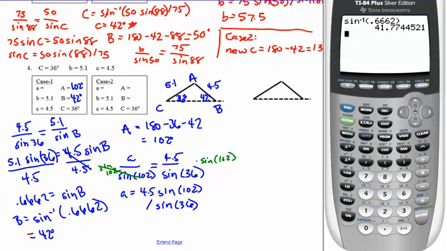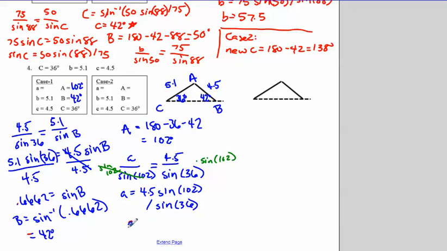And let's type that one in. Don't forget to close your parentheses there. Okay, and I get side A is about 7.5. And that will go up here.